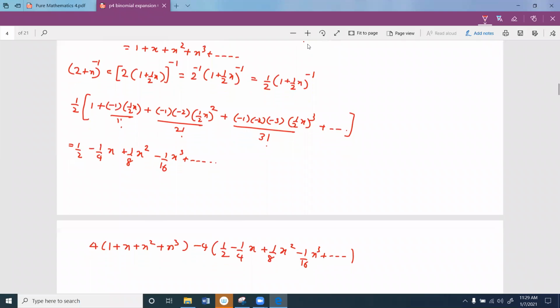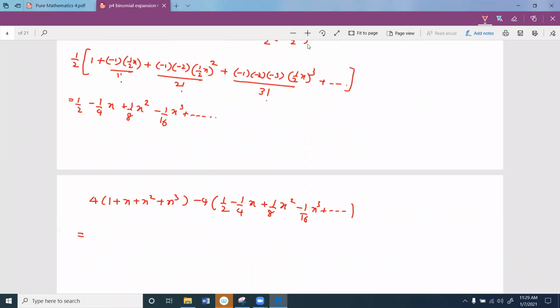So it turns into 4 minus 2, which is 2; 4 plus 1 is 5; 4 minus half, this bit; 4 plus 1 over 4 is 17 over 4, x cubed. Like that it goes on with this kind of expansion.